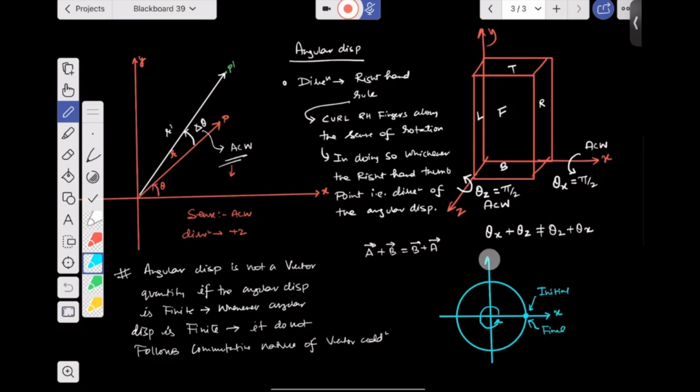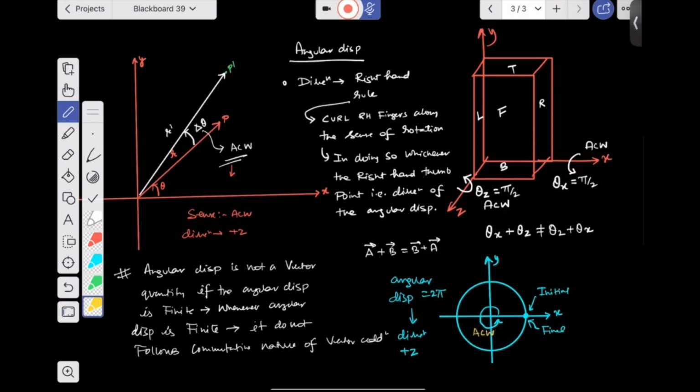So in this case, what will be the angular displacement? Tell me. The angular displacement will be 2 pi and its direction will be along plus z axis because the motion is anti-clockwise if I look at it from this side.